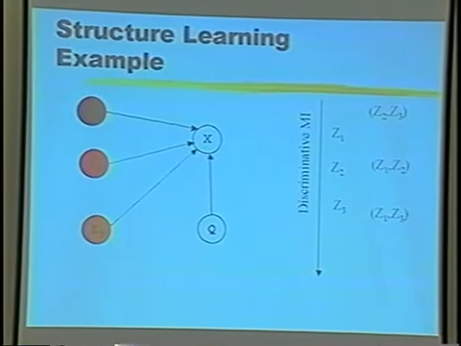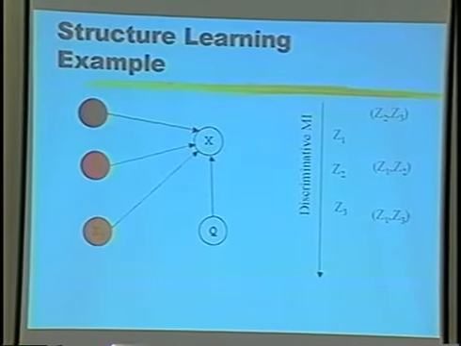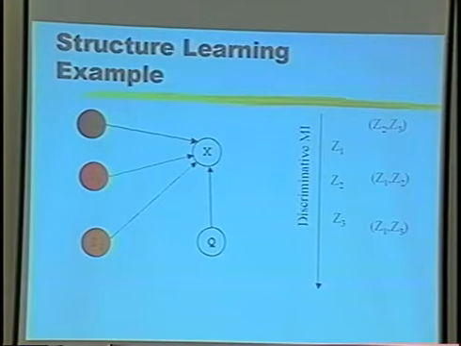So in this example, we have three possible parents for variable X, conditioned on state Q. And using our bivariate criterion, we found that the discriminative mutual information of Z1, Z2, Z3 is in this order: Z1, Z2, Z3.